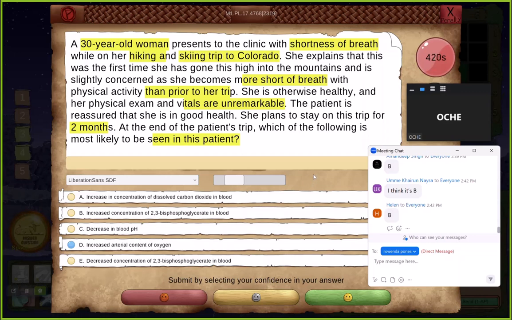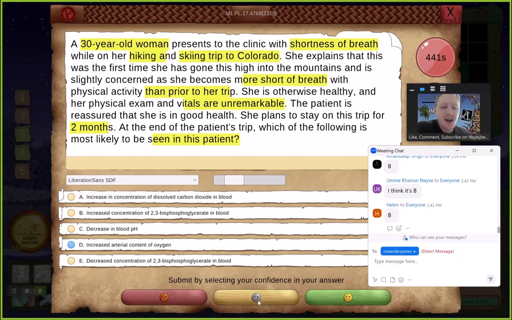Her body will definitely acclimatize to low oxygen levels. So you're reading this as the end of the patient's trip is when she gets back home. Yes, that's where I'm coming from.